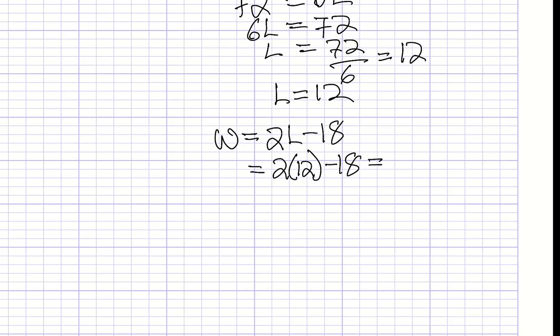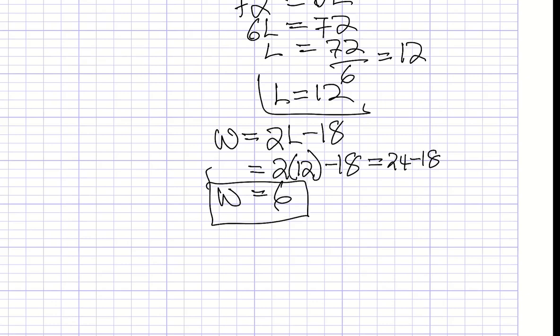And what is that? 24 minus 18. And that is 6, right? So the length... wait a minute. No, the width, I'm sorry. The width is 6, okay? Because I know we got the length is 12. So the width is 6, we got that, and we got this.